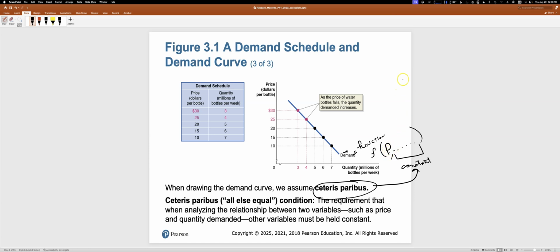And so what the law of demand says, just to restate that, ceteris paribus, meaning holding everything else constant, as the price falls, the quantity demanded increases, or as the price rises, the quantity demanded falls. Quantity demanded, not demand, quantity demanded.